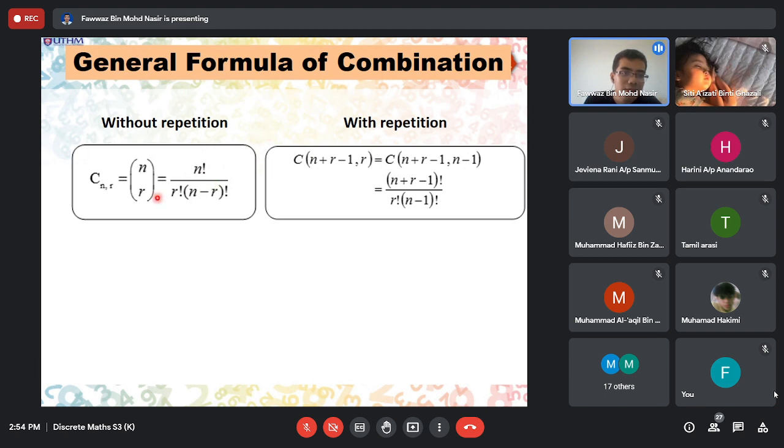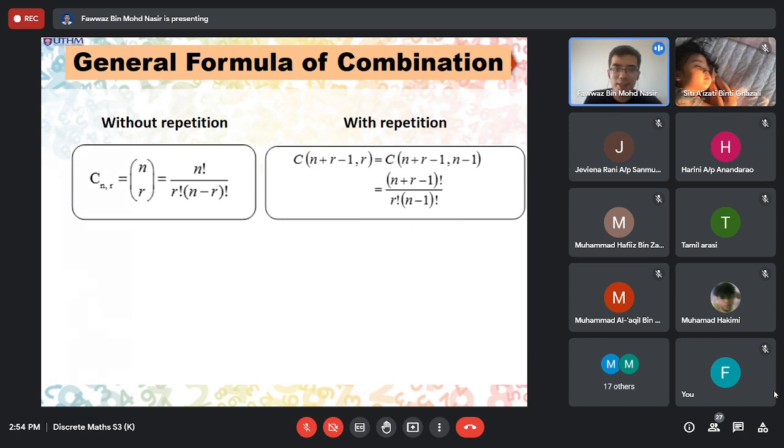But for combination, we just multiply the denominator by r factorial. So itu saja beza dia. So with repetition, combination dia is C(n+r-1, r) equals C(n+r-1, n-1), equals (n+r-1) factorial divided by r factorial times (n-1) factorial.